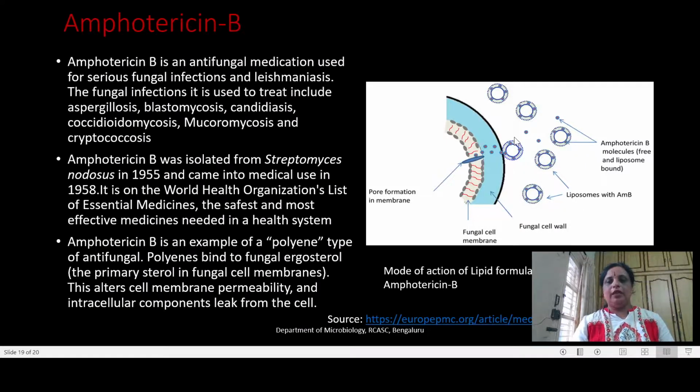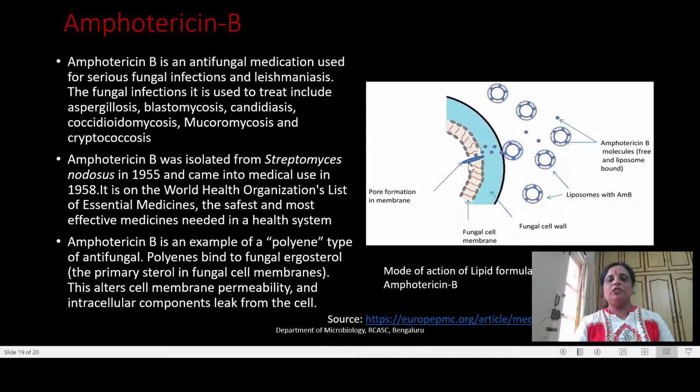So what is the mode of action of this amphotericin B? This amphotericin B is found as a lipid formulation. Once it comes in contact with the cell wall and the cell membrane, it enters the cell membrane and targets the ergosterol. As I was mentioning before, the cell membrane is made up of, apart from phospholipids, some sterols also, that is, ergosterol is present in the cell membrane of the fungus.